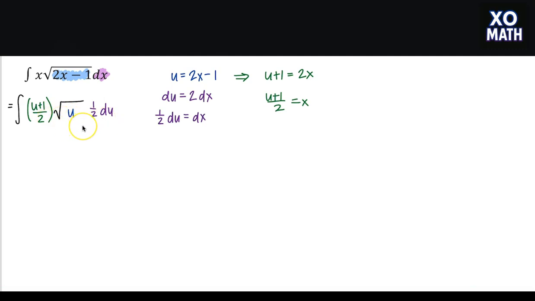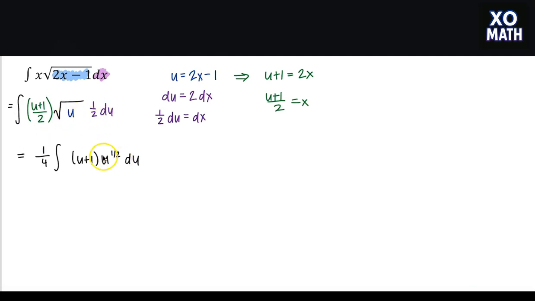So now my integrand entirely involves u. So let's simplify it a little so we can start to integrate. So I have a 1/2 here and a 1/2 here. So I'm going to pull that out as 1/4. The integral of, I have u plus 1 times the square root of u, or u to the 1/2 du.